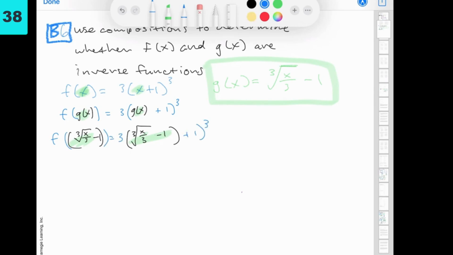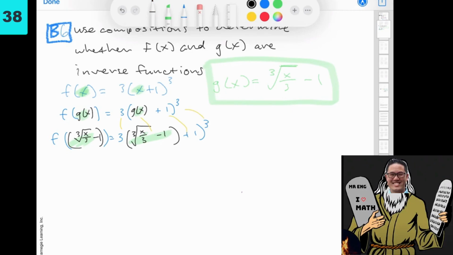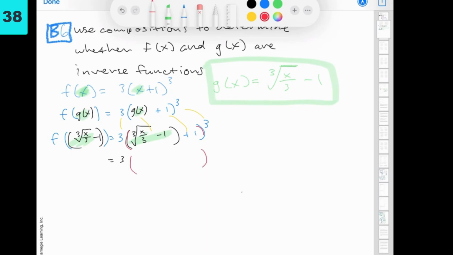Okay, and you can always double check that because it's confusing. You have the 3 there. There in green you have the g of x plus 1 and the power of 3. Alright, let's see. So, inside, let's use the parentheses here in red. In the parentheses here, you have this minus 1 and the plus 1.